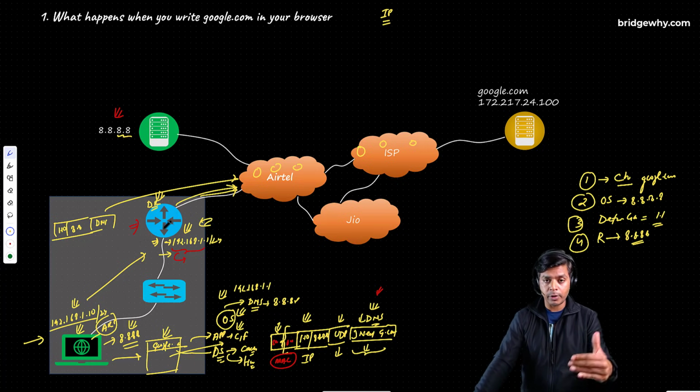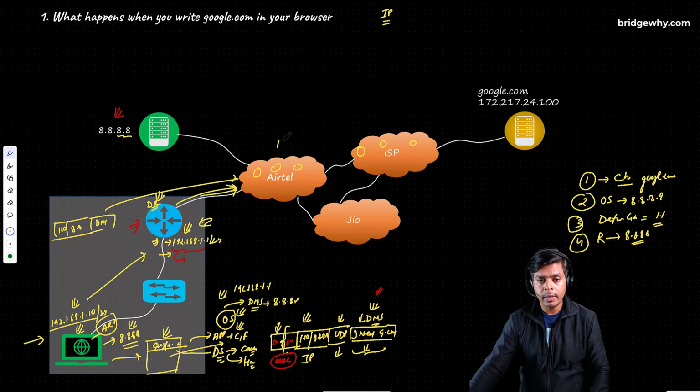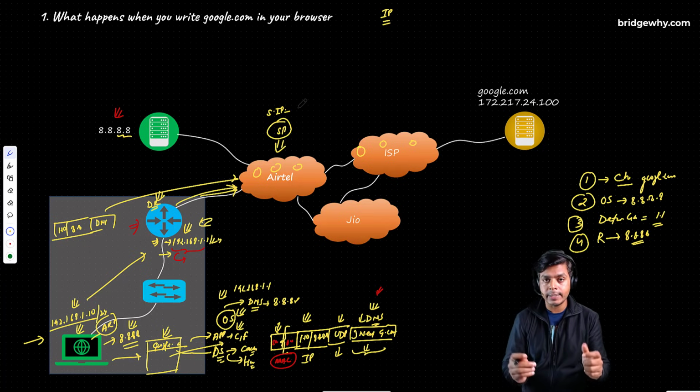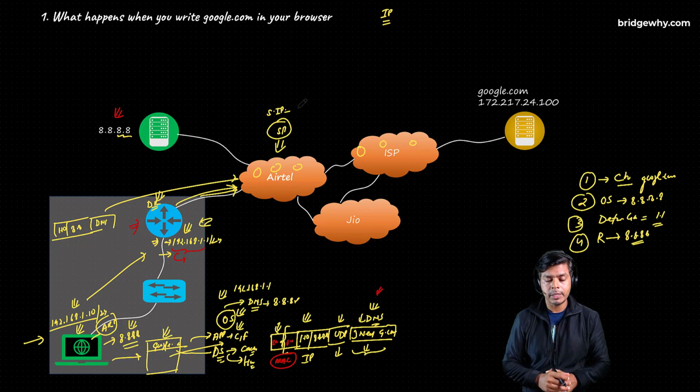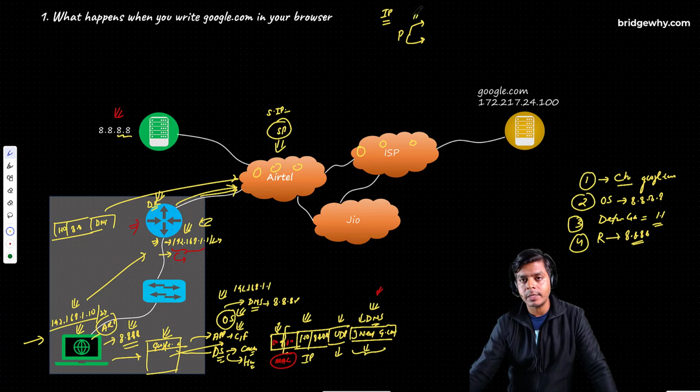I understand that the default routing is there, the static route is there. You can send it towards Airtel, but if I'm a service provider, when I check your source IP address, the source IP address is 192.168.1.10, which is an address that belongs to private addressing. By the way, what are the private addresses?